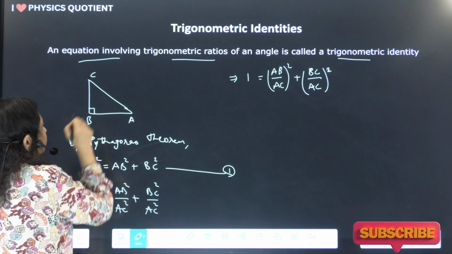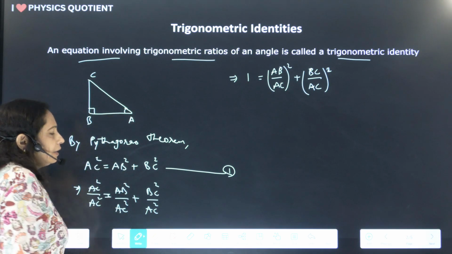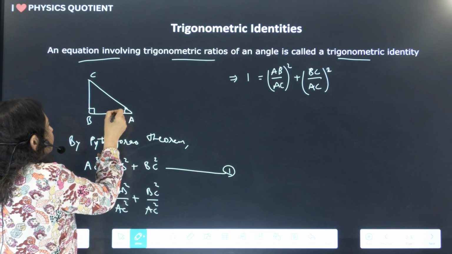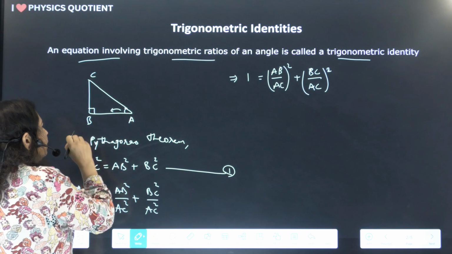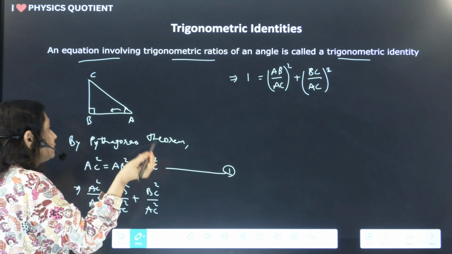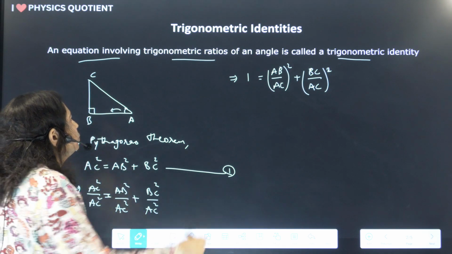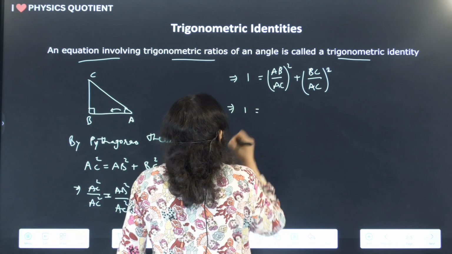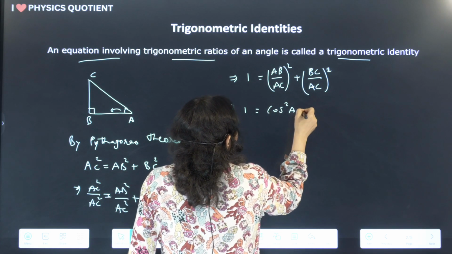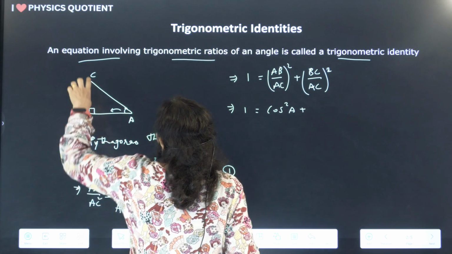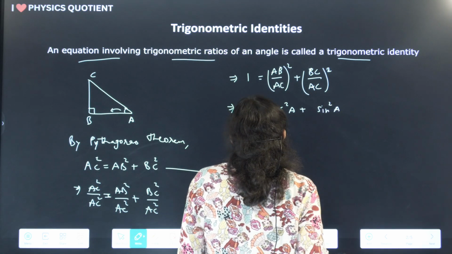If I consider this angle A as acute angle, then sin A will be BC upon AC and cos A will be AB upon AC, right? Adjacent upon hypotenuse. So I can write this equal to cos A whole square plus this will be BC upon AC, that is sin A square.